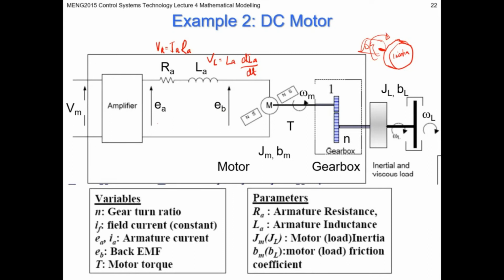And then EB is a voltage, but it's a voltage which is actually a function of speed. So we could have some constant kb times our speed, which is omega m, the motor rotational speed.